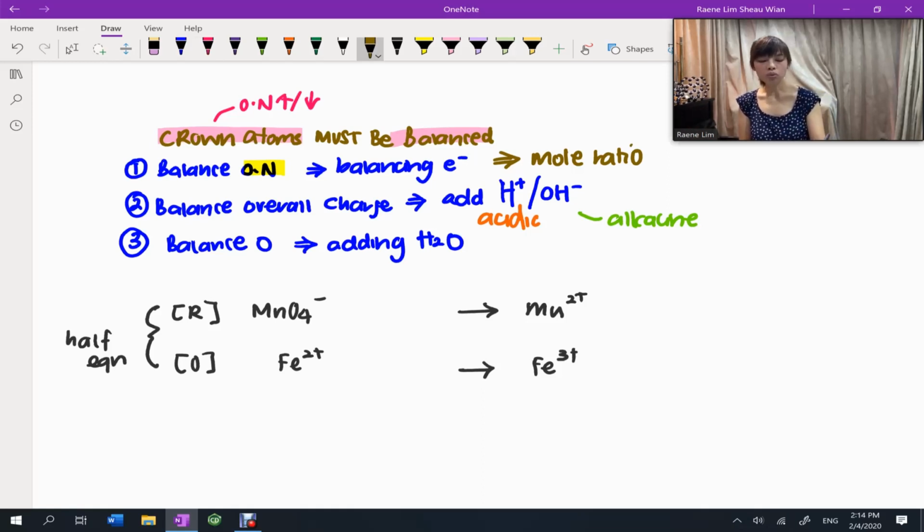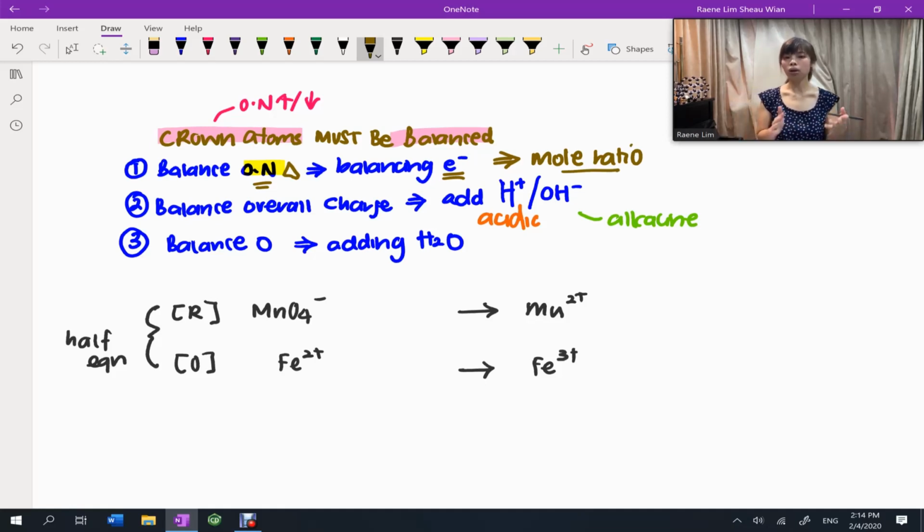So what we do is we balance the crown atom, we count the oxidation number state for the reactants and the product, and calculate the change. This oxidation number change will be equal to the electrons required for the crown atom to be reduced or oxidized. So you need to add in your electrons to get, later on, the mole ratio.